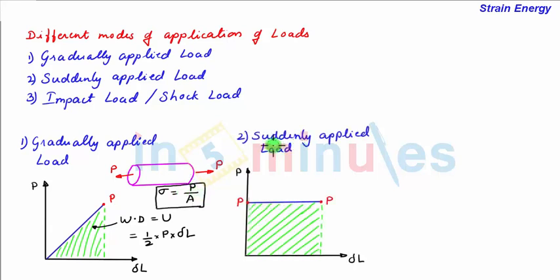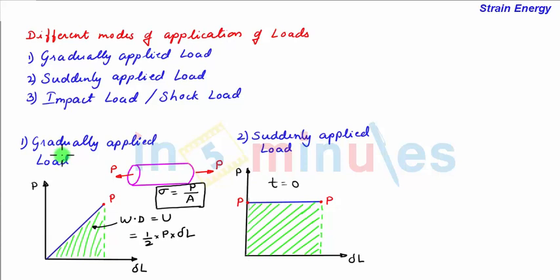On the contrary, a suddenly applied load is a load which is instantly applied on the body such that at time t equal to 0, the load applied on the body is P, and this continues over a period of time, whereas the deformation takes place over a period of time. That means the deformation is time dependent, whereas a continuous load of P is being applied on the body.